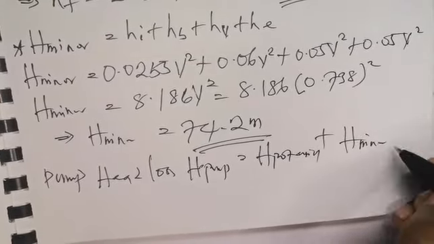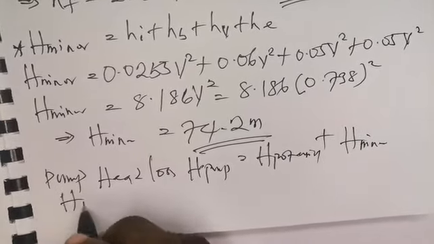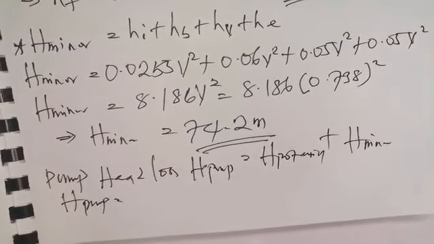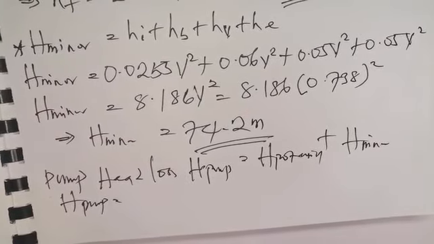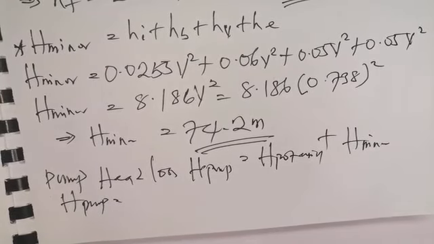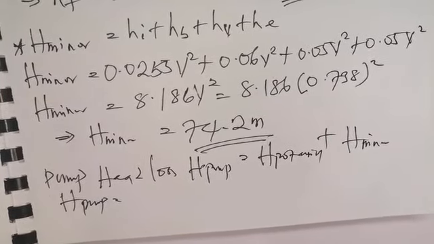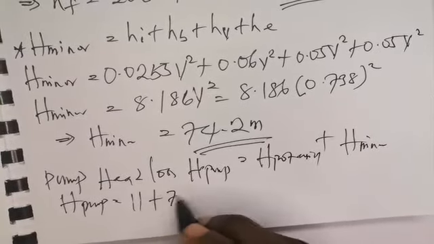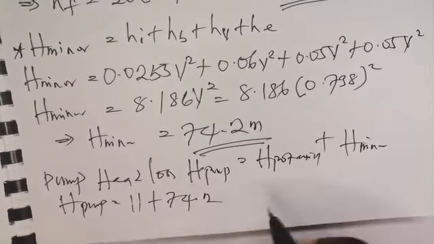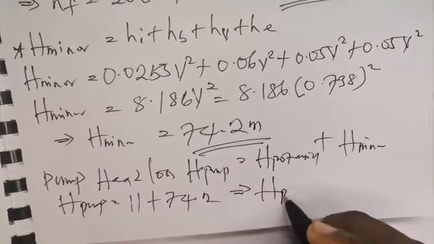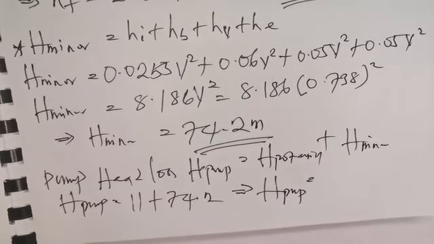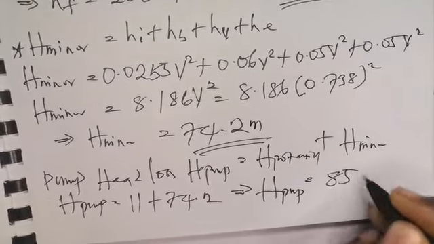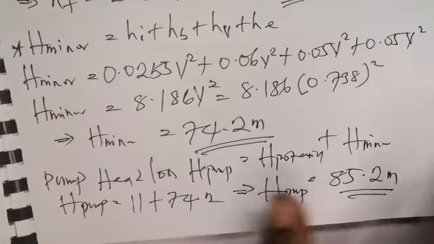Remember, we obtained the potential head loss earlier, which is the difference in height of the fluid, 30.5 minus 29.5, and we had it to be 11, plus the minor head loss here, which gave us 74.2. So this implies that the pump head loss is equal to 85.2 meters.